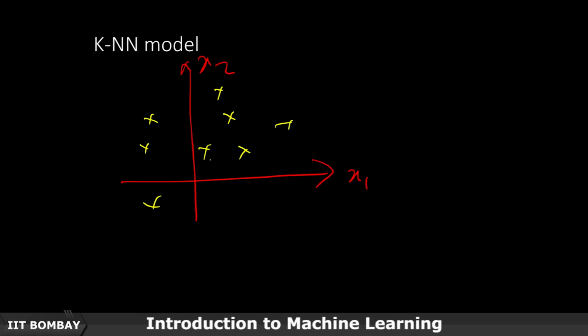For any test point, we will find out what are the 3 nearest neighbors, and so let us say it is a 3 nearest neighbor model, it can also be 5 nearest neighbors. So this k is a hyperparameter.